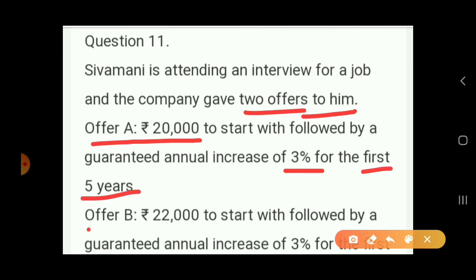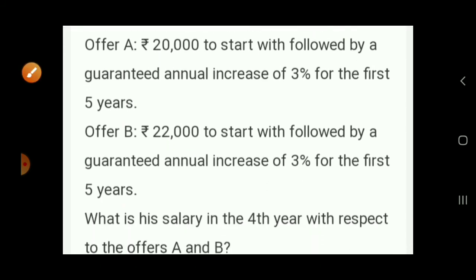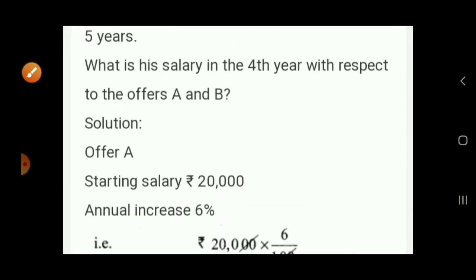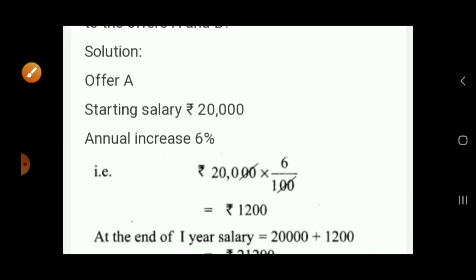Offer B: 22,000 to start with, followed by guaranteed annual increases of 3% for the first 5 years. What is his salary in the 4th year with respect to offers A and B? Now you can find the solution.